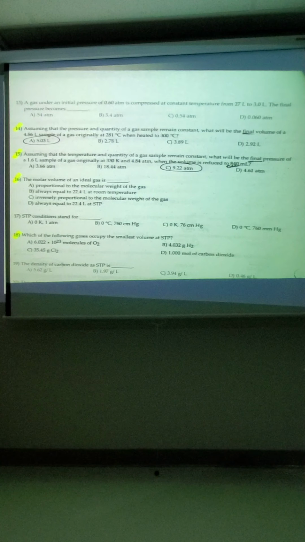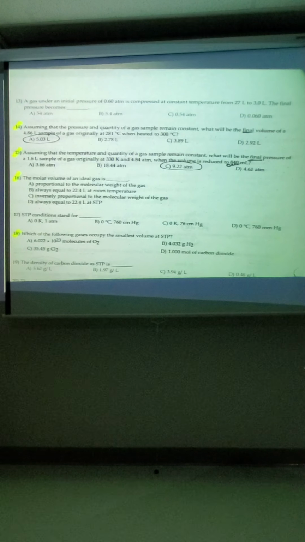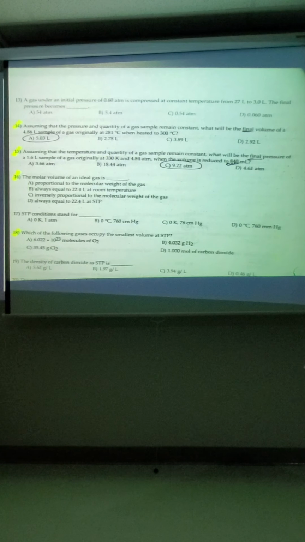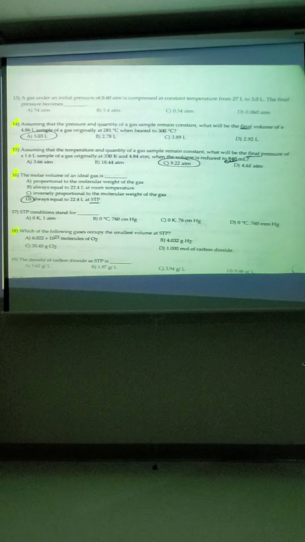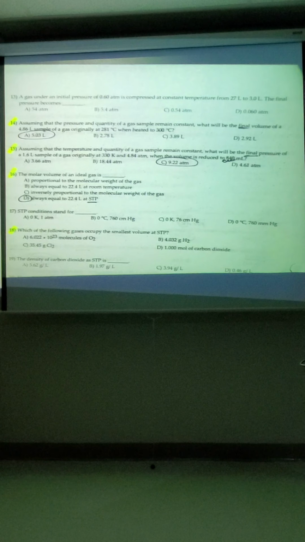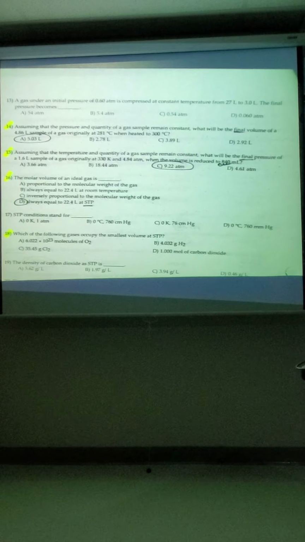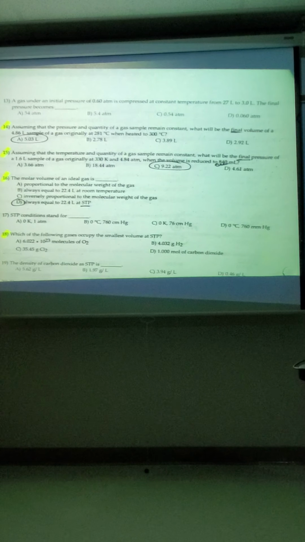Also 1 atmosphere or 760 millimeters mercury, 29.9 inches mercury, and so on. So it's very specific to STP only. So 22.4 liters only works at a specific temperature and pressure. If you have a different temperature or a different pressure, that's when we use the ideal gas equation to find volume, because it will no longer be 22.4.